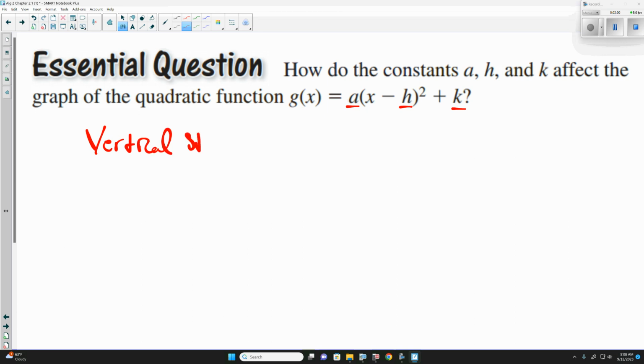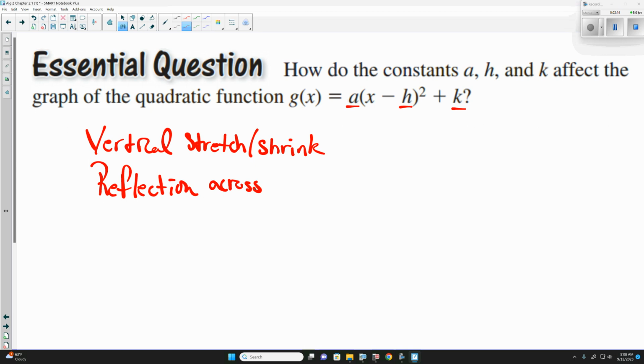As we saw in the last chapter, a is our vertical stretch or shrink, and it's also our reflection across what axis? The x-axis. And this is all related to a, because if there's a number for a other than 1, it's a stretch or shrink.